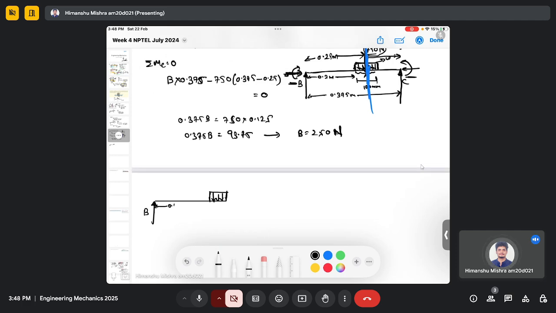This is 0.2, and this is 0.25. So this end will be balanced by this reaction force here, A.